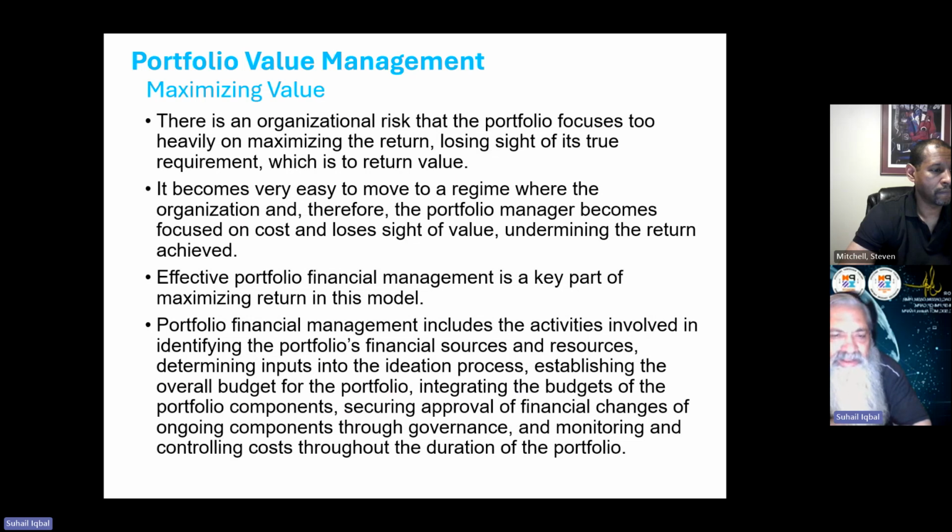So if you look at it, financial management is not only talking about money, but it is making all the financial decisions at every step of the portfolio and its components, every step of the way.